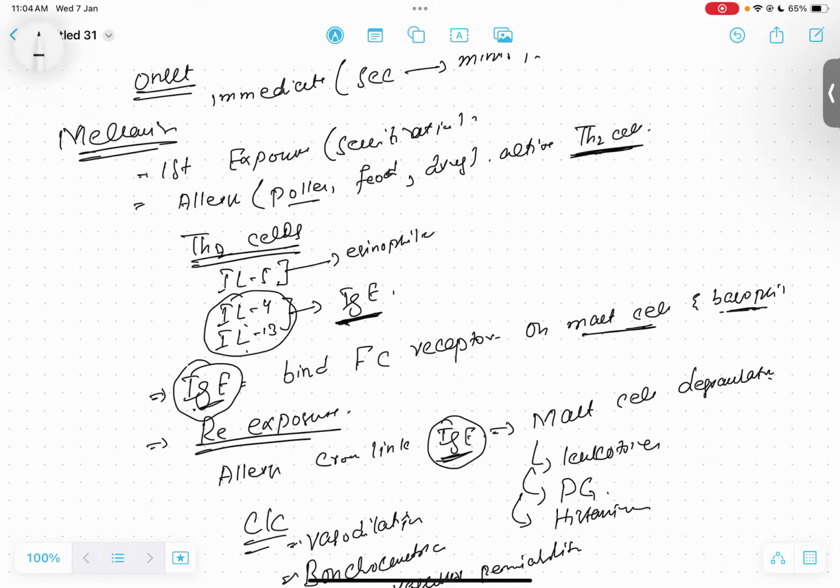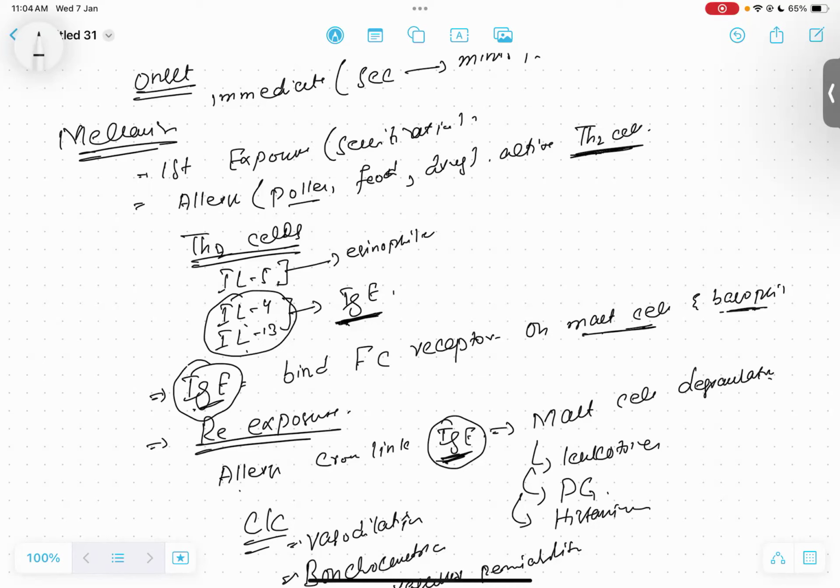Due to this direct reaction with IgE, this process is immediate. It will take seconds to minutes.